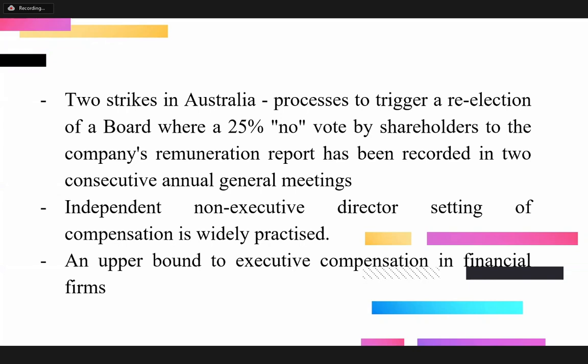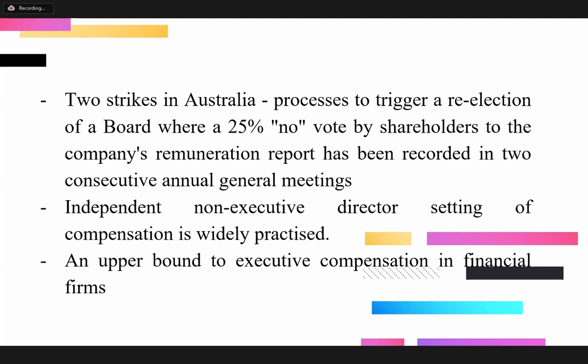So the vote must be upheld by at least 50%, which is a majority, on the re-election process to be run. And then at the spill meeting, all directors at the time have to stand for re-election. So it's for everyone. Everyone can be overhauled.